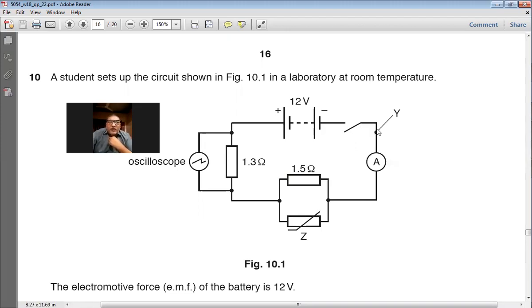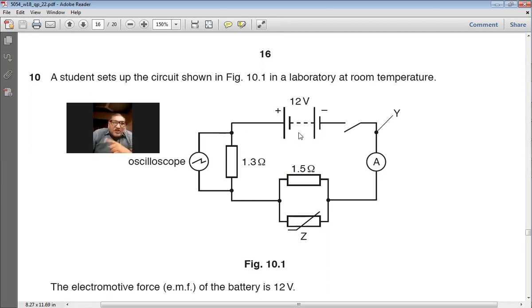Here is the point Y on which the question is asked, and here we have a 1.5 ohm resistor. Here we have component Z. They both are parallel to each other. Here we have a fixed resistor that is 1.3 ohm, and we have connected an oscilloscope, CRO, against it. So whatever is the voltage drop here against the time, that will be shown on the display of the CRO.